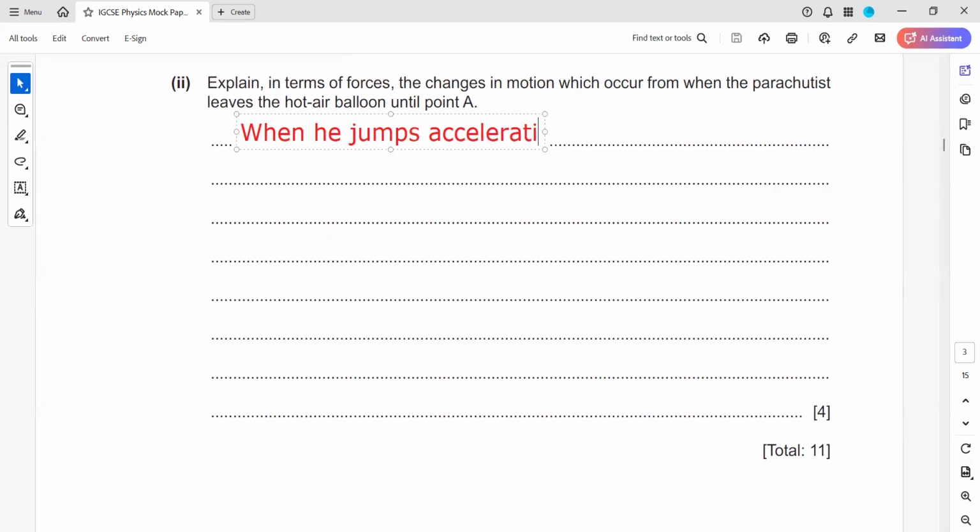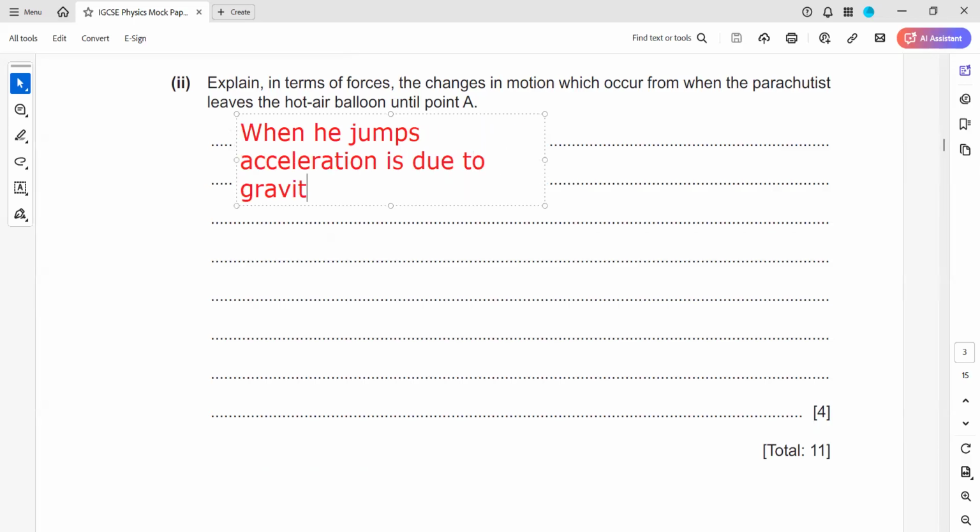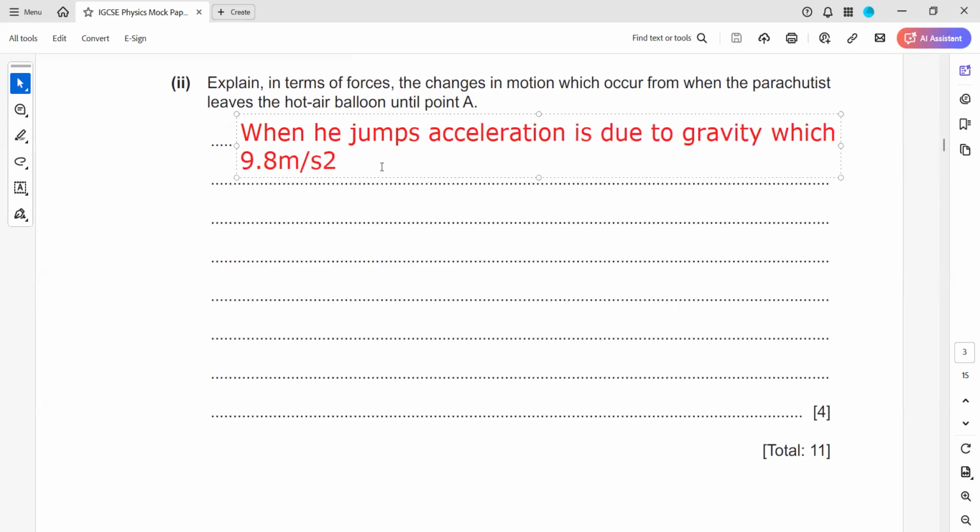acceleration is due to gravity, which is 9.8 meters per second squared. So the moment he jumps, the acceleration is due to gravity, which is equal to 9.8 meters per second squared. Then what will happen?